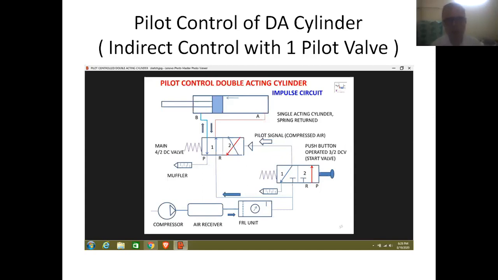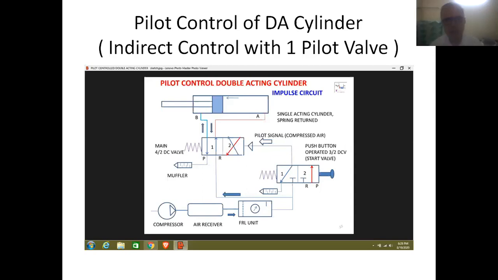So friends, push button is used for operating the moving element of this particular pilot valve. Therefore, it is referred to as a 3-way push button valve.